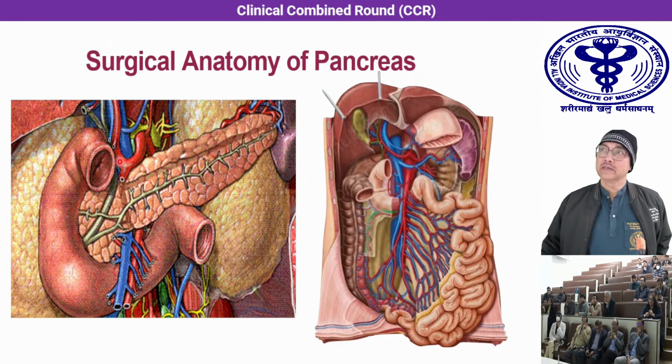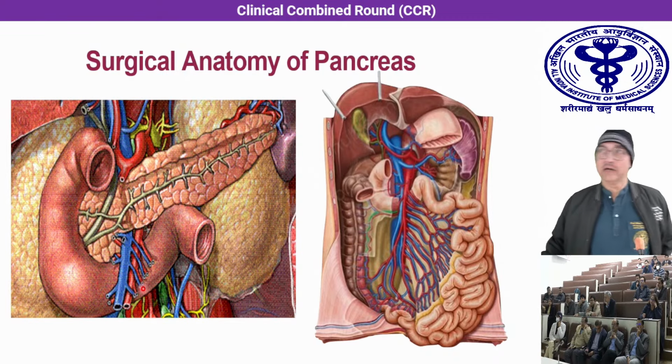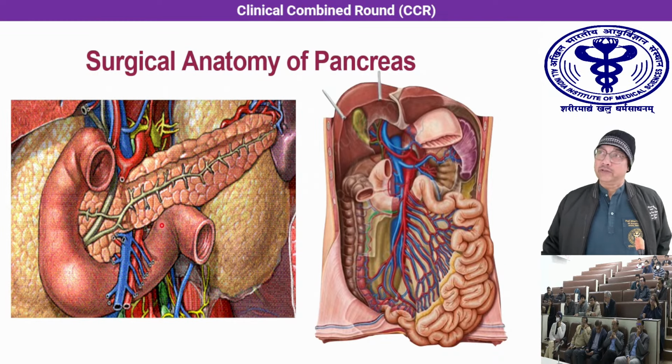There is a complex arteriovenous arcade supplying the pancreas, ultimately draining into the portal vein, which also drains blood from the entire bowel to the liver. Along with that is the superior mesenteric artery, which supplies the entire small bowel and part of the large bowel, and no other vessel.